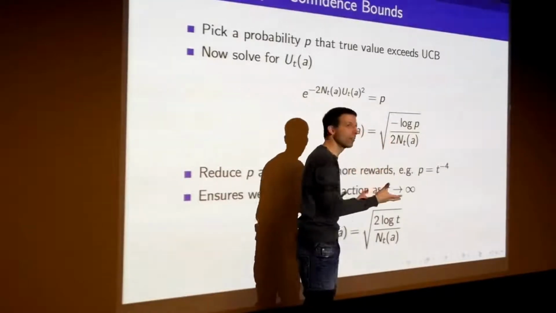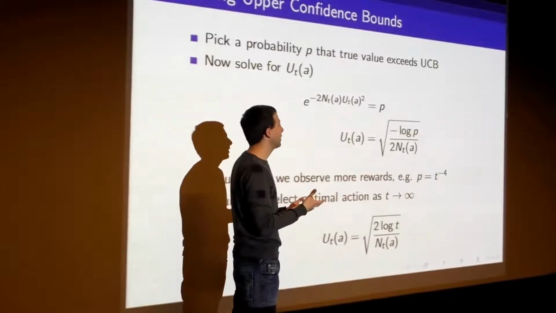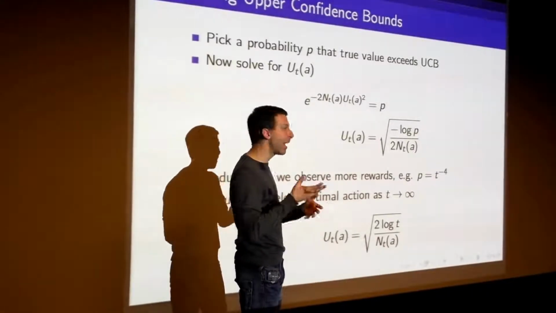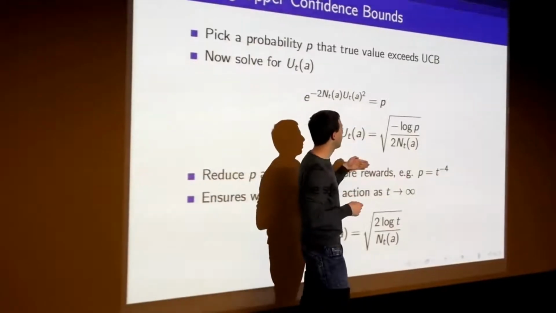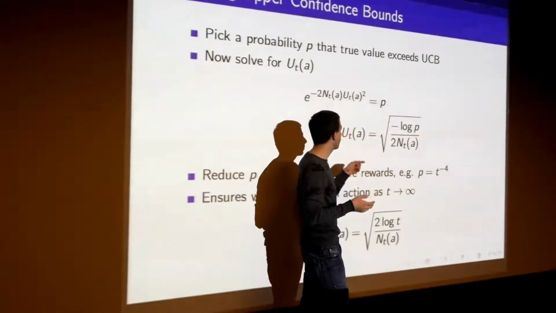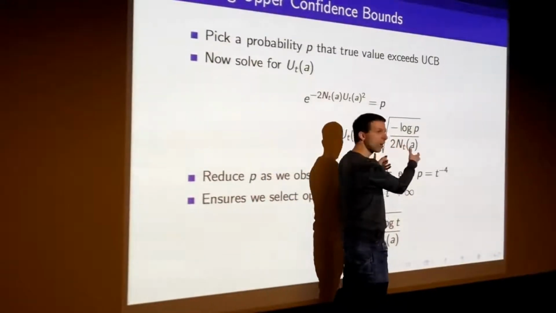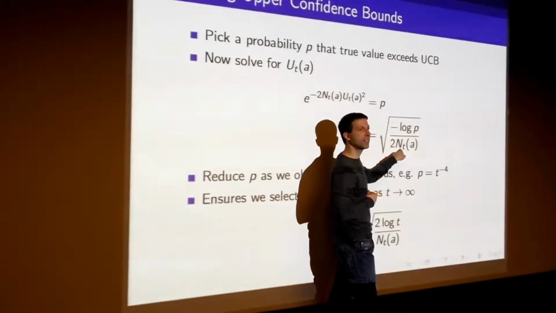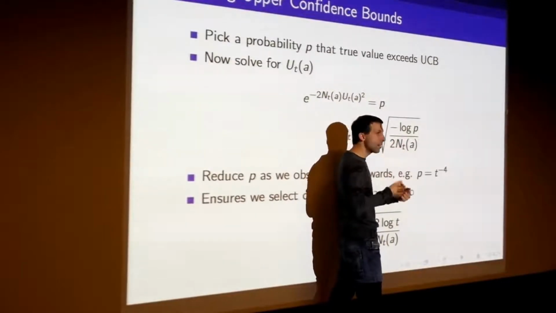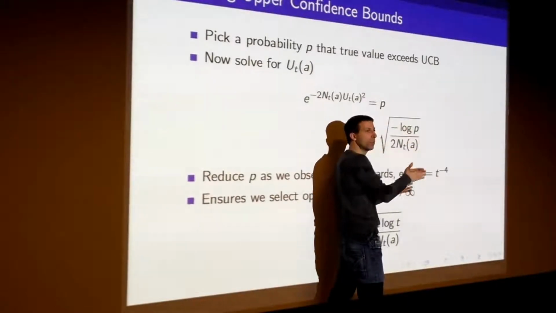It seems rather arbitrary, but what's nice about it is we don't need to know anything about the gaps, or anything about the rewards except that they're bounded, and now we have a way to pick actions. We just maximize, adding on this term, and this term has all the properties we wanted. You can see in the denominator that the count is there. That means that as we pick things more and more, this bonus term is going to get pushed down towards 0.